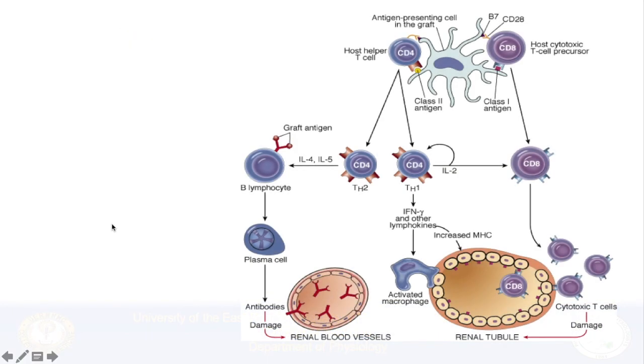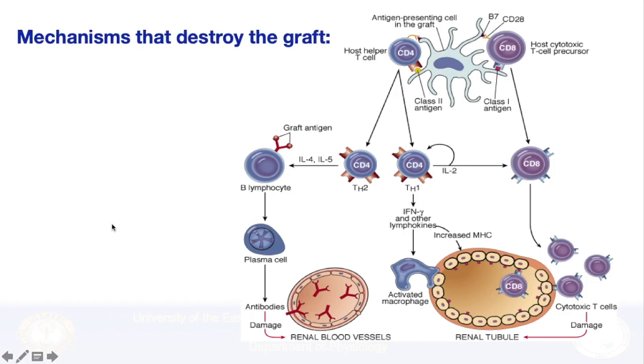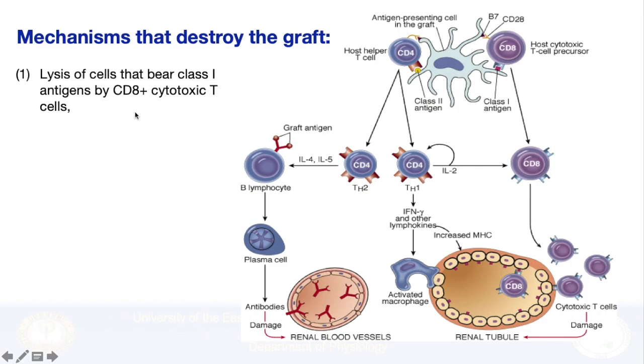So these are the pathways by which the organs are being rejected. There are three mechanisms. Number one is there is lysis of cells. If the antigens are being presented with the MHC1, they will be targeted by the cytotoxic T cells.